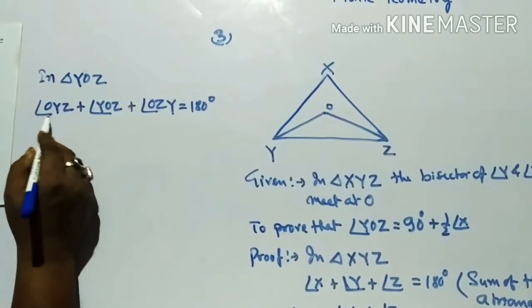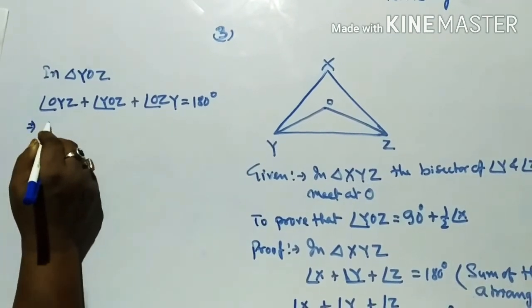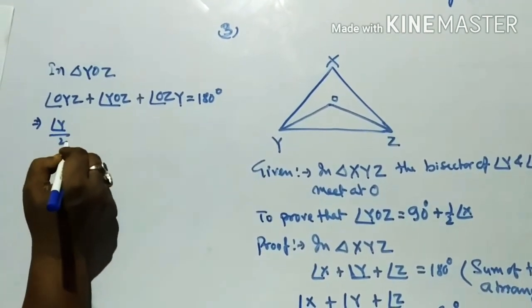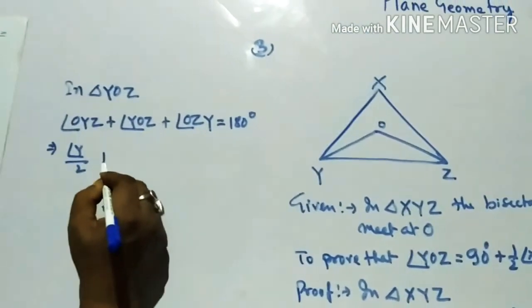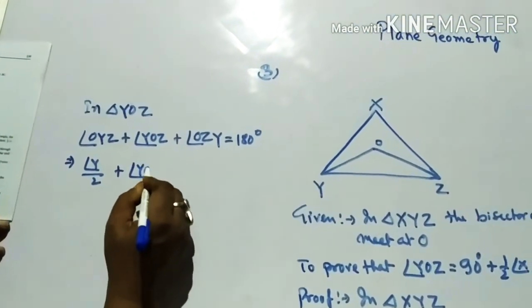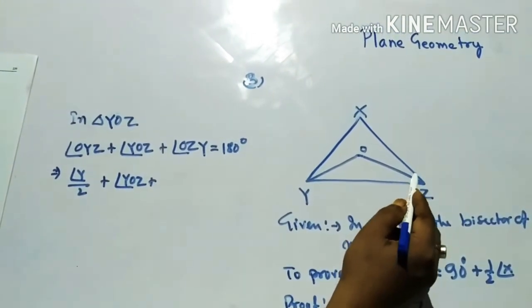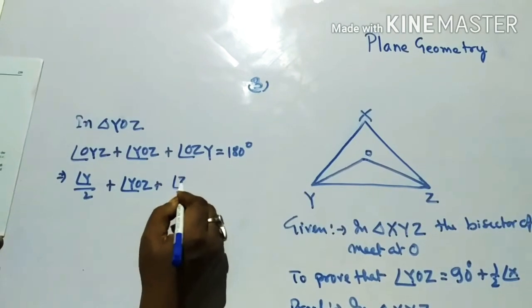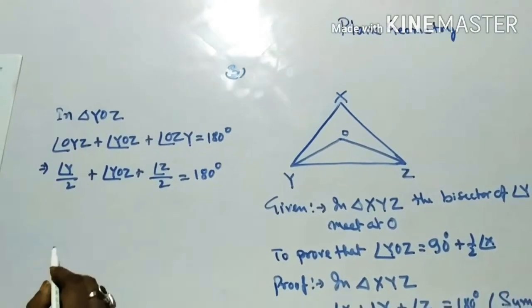Now instead of OYZ I can write angle Y by 2, because OY is the bisector of angle Y, plus angle YOZ, and instead of OZY I can write Z by 2. Angle Z by 2 is equal to 180 degrees.